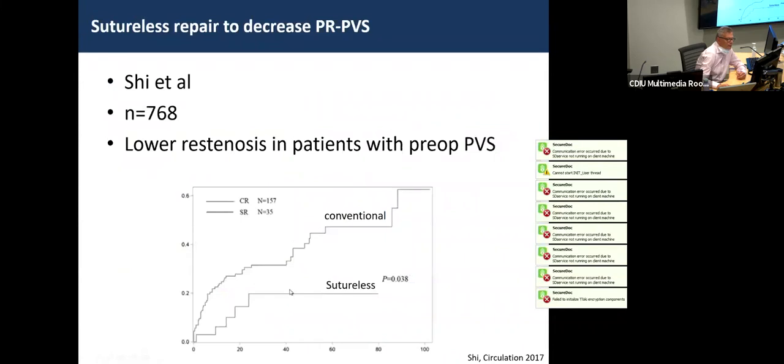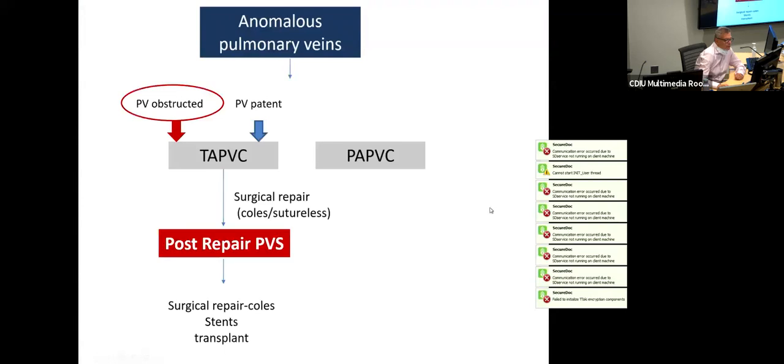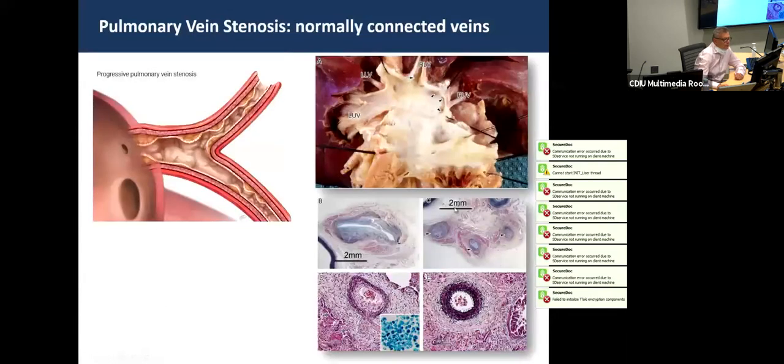And we can see a reduction in, this is another study, not from Sick Kids, showing that the sutureless repair was associated with a lower rate of restenosis in patients with pre-op pulmonary vein stenosis. That was actually a large number of patients, 768. So this just shows the algorithm.